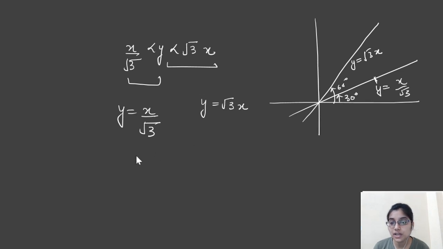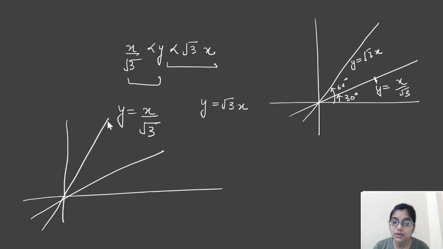For that, what you can do is just draw two lines. Now if you want to decide which line is which, you just do one thing: choose any value on this x-axis, either x equal to 1, x equal to 2, whatever you want, but for convenience I am choosing x equal to 1.